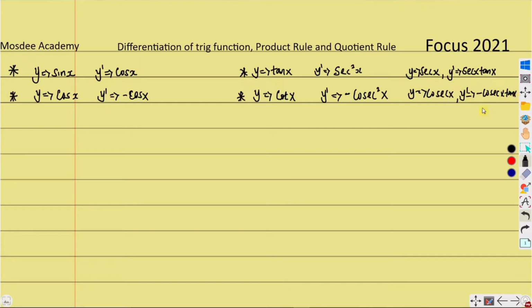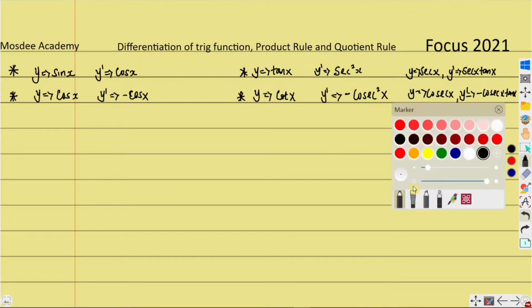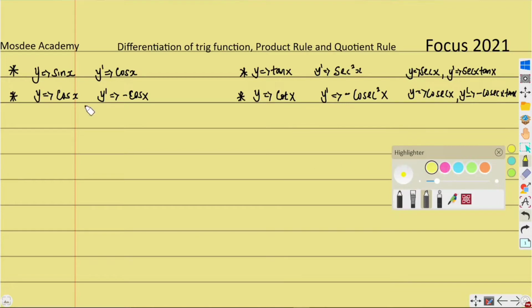So these are the 6 trigonometric values and their derivatives, which you need to keep in mind. Right now, we are not discussing how these are actually proved or derived. The only thing we are talking about here is the direct formula. You just need to keep in mind to avoid errors and mistakes.